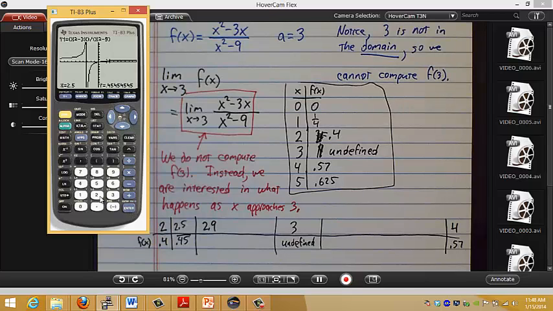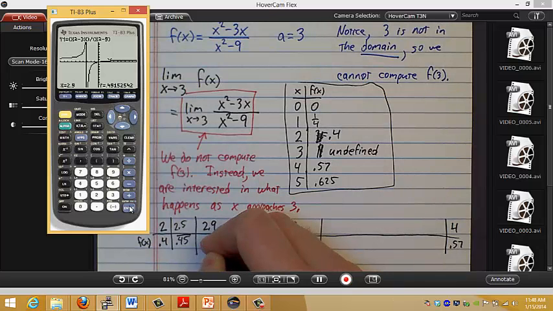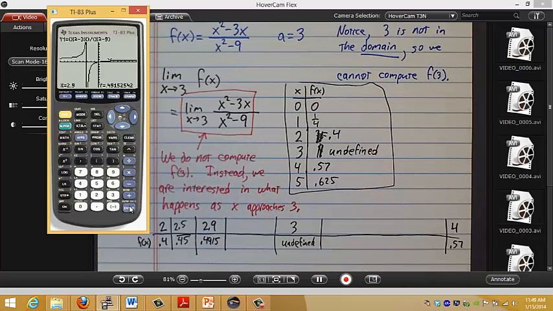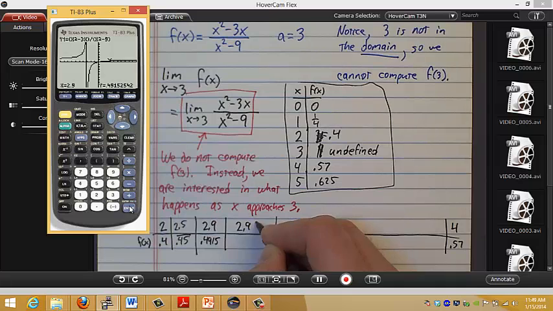And if I throw in 2.9, enter. Now where am I at? 0.492 or so, 0.4915, right? I can get even closer, 2.99. Let me do another one, 9.